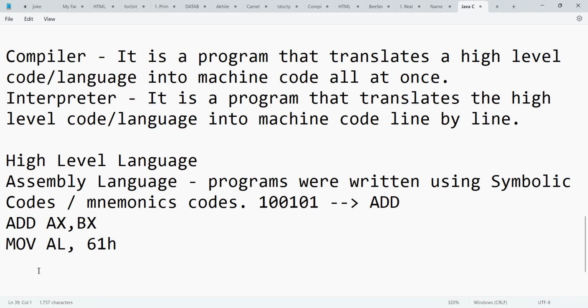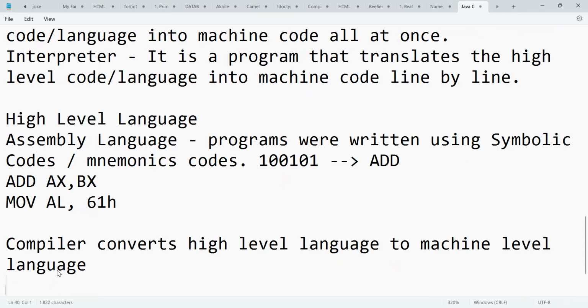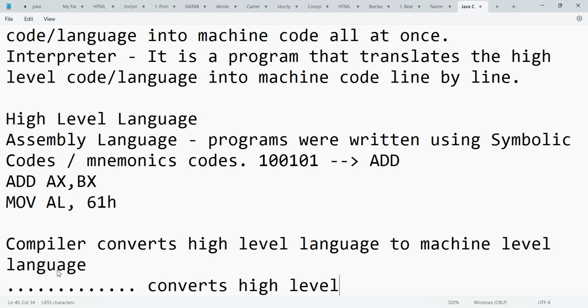Now you will ask, for example, compiler converts high level language to machine level language. Yes, this too you are comfortable with. So what is used that converts high level language to machine level language, or not high level, assembly language?